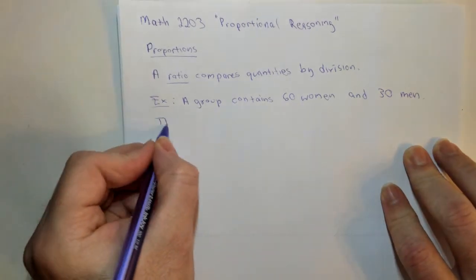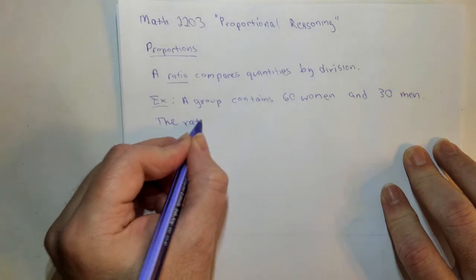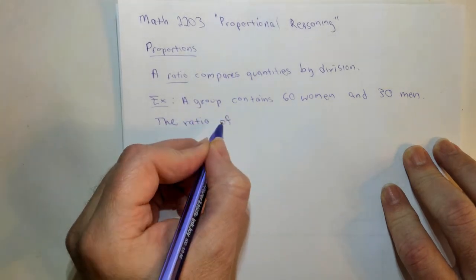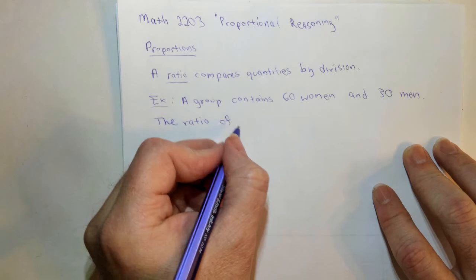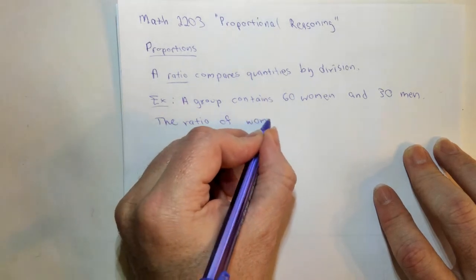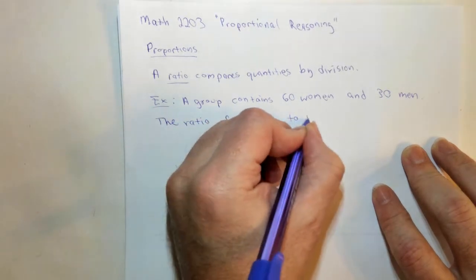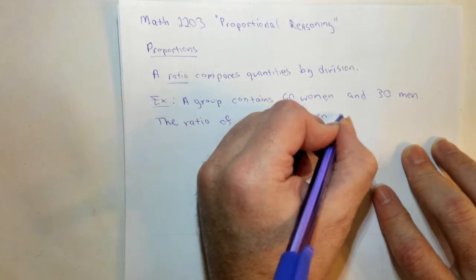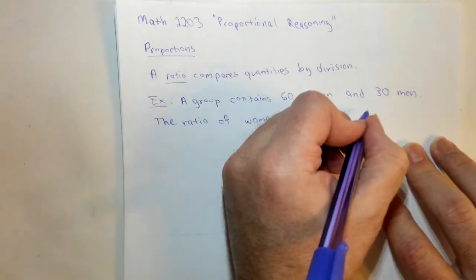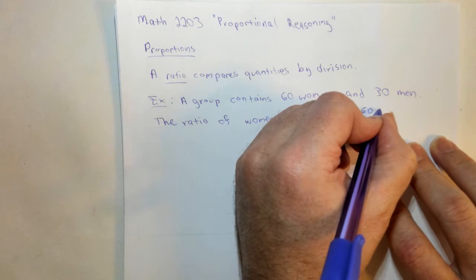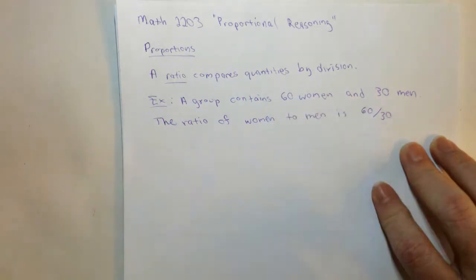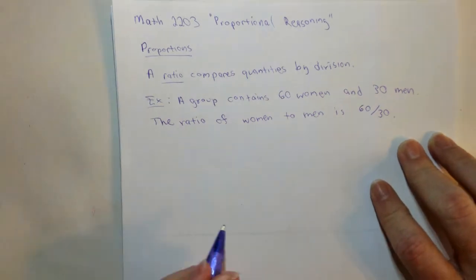The ratio of women to men is 60 divided by 30. Of course, we can reduce that.